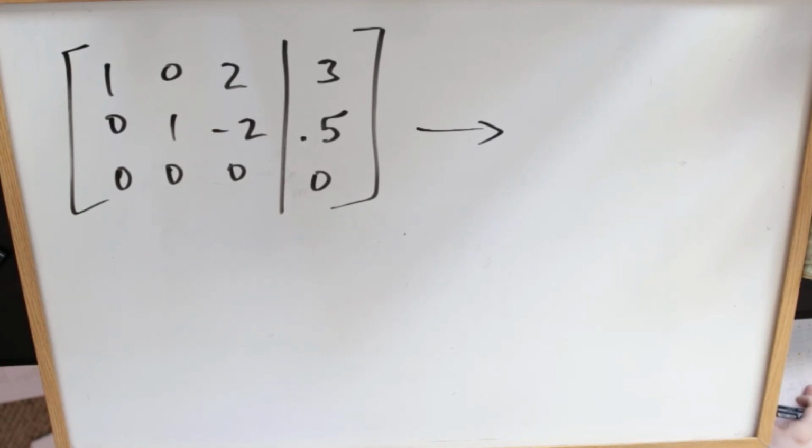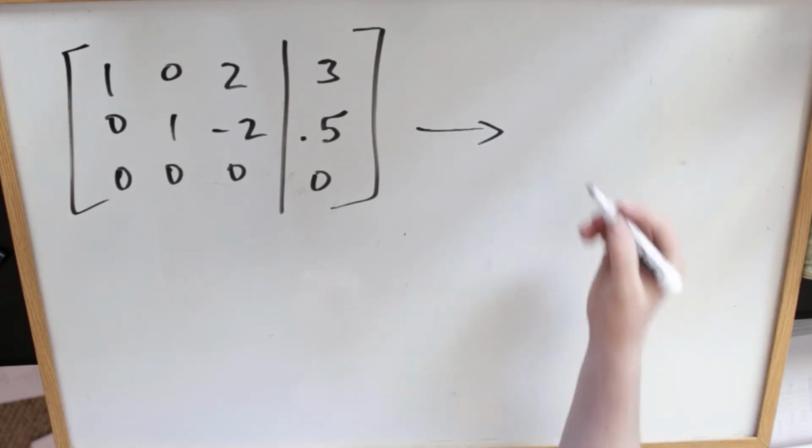So the question is, how did we go about solving these previously? Well, the thing that we have to bear in mind is the second row, right? The equivalent system. So let's just write this out.